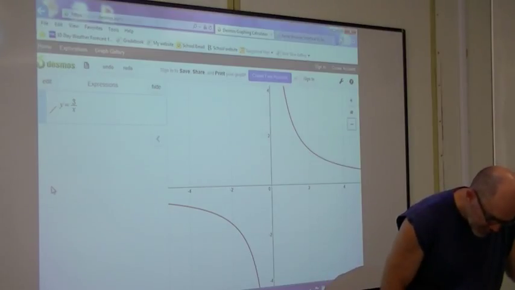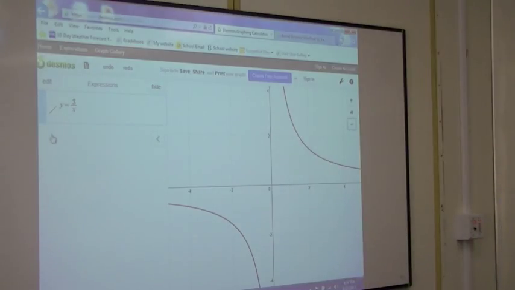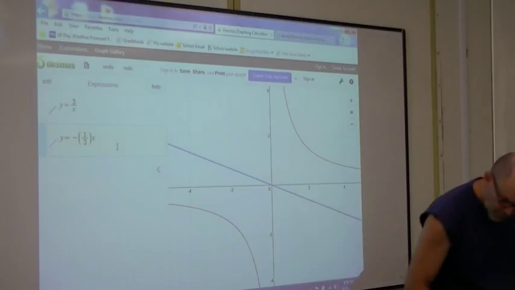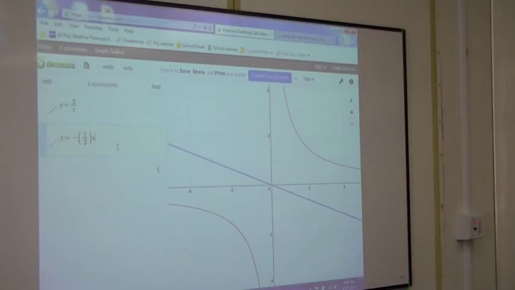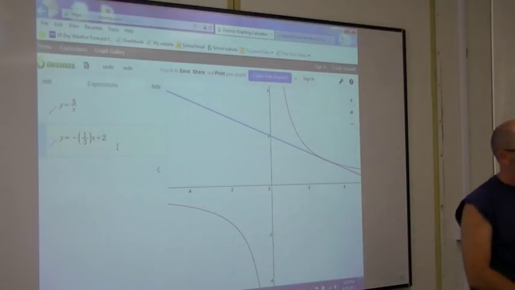Y equals negative 1/3 x. Now that is spectacular.